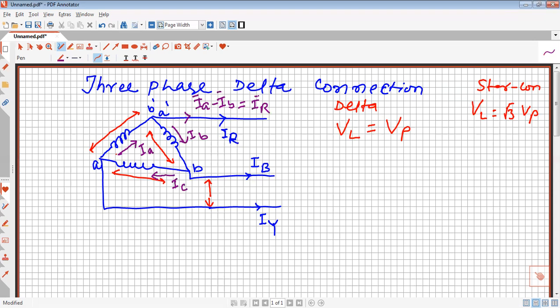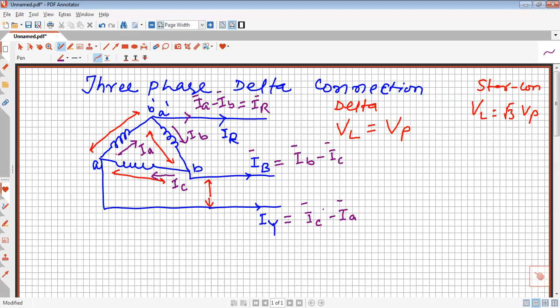In the same way, we can write IB minus IC, the phasor difference of these two currents, for IY... and again, because IC is coming here and IA is going here, IY will be equal to IC minus IA. This is the phasor difference.